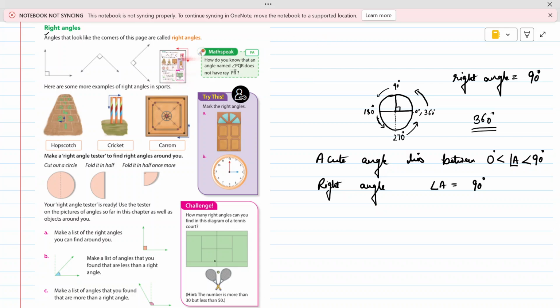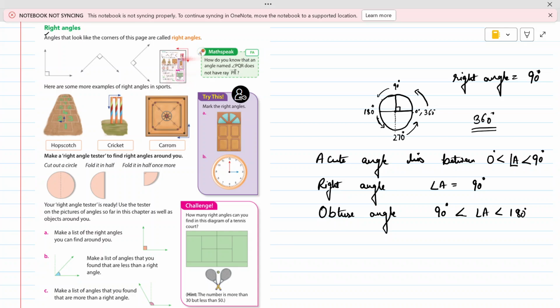Okay, now the next angle we have here is the obtuse angle. So we say that the angle is an obtuse angle if the angle is greater than 90 degree and the angle is less than 180 degree.